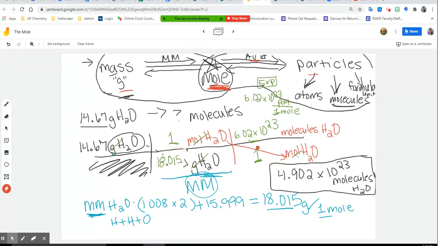And then we would convert into particles by using Avogadro's number. So once again, we take what we're given, we divide it by the molar mass, we multiply it by Avogadro's number. That's all that you're doing in this, okay? So you can do it in 2 steps. Convert it to moles by dividing by molar mass, convert it to particles by multiplying by Avogadro's number.